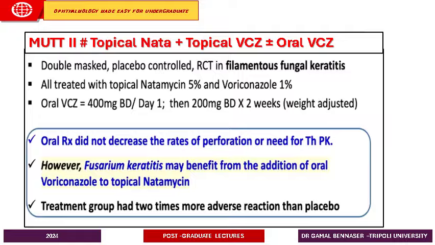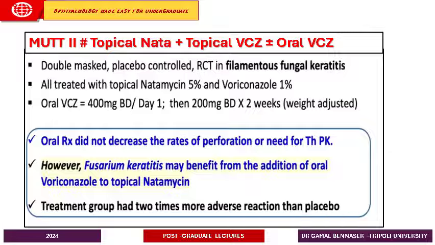All the treatment groups received topical natamycin and voriconazole, and another group received oral voriconazole 100 milligrams twice daily, and then 200 milligrams for 2 weeks, and then they looked at the response. The recommendation says that the addition of oral voriconazole did not decrease the rate of perforation or the rate of therapeutic keratoplasty. However, fusarium keratitis may benefit from the addition of oral voriconazole to the topical natamycin.